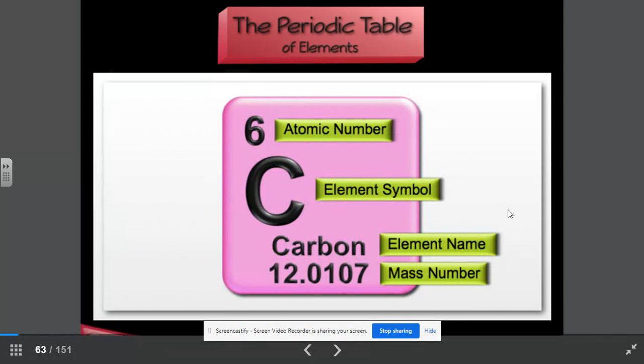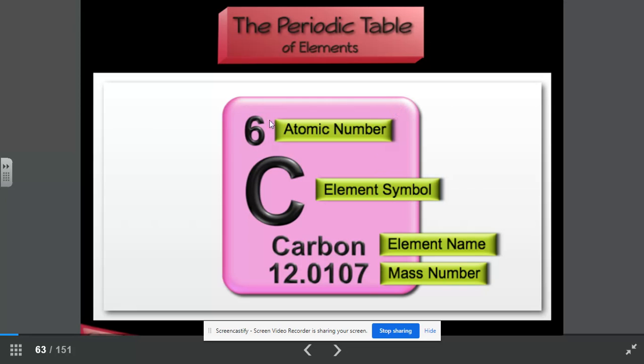And again, here is an up-close look at what an element square looks like. So it's easy to see. The largest thing you're going to see is that symbol. So we have carbon here. This is the C, the one uppercase C. We know we have carbon. Here's the element name, carbon. Now this time they have the mass number down below. Sometimes you will see it listed as atomic weight.